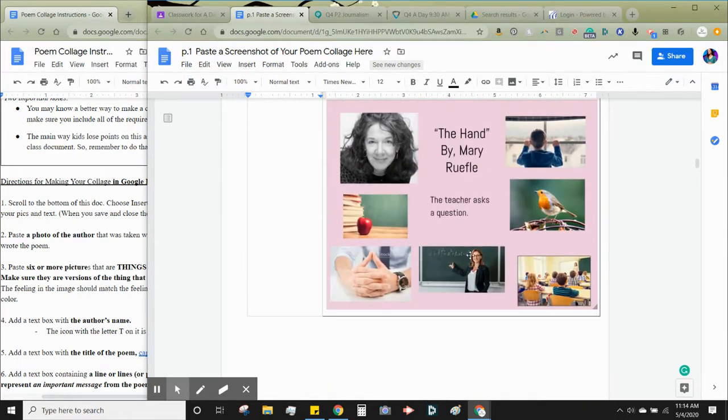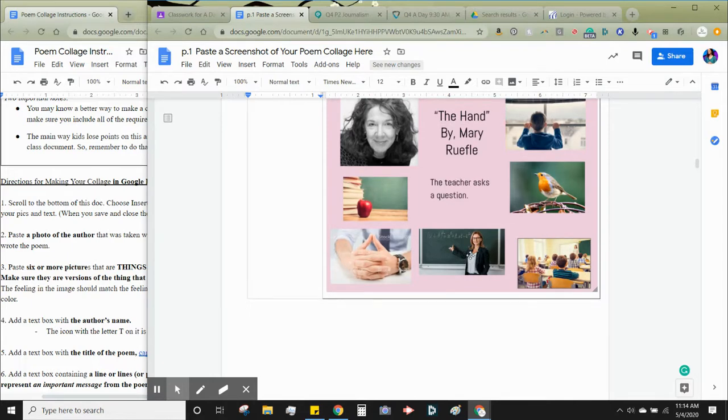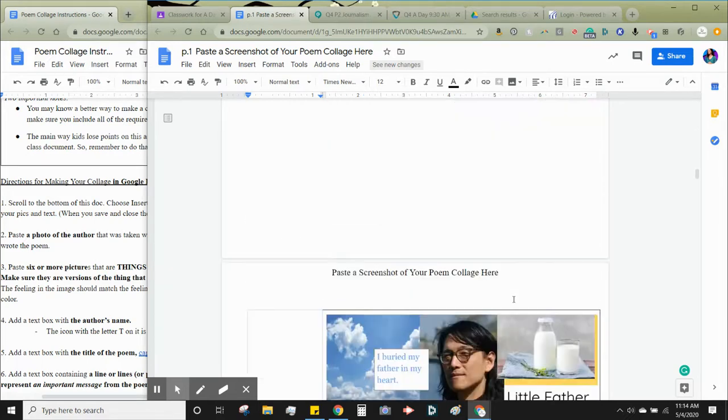A couple of you have poems where the number of physical objects mentioned in the poem is fewer than 6. And if that's the case, you might choose 2 different photos of the same object. I think Let There Be New Flowering by Lucille Clifton is an example of one of those. Possibly the hand. I think the hand maybe has 6 objects. Might be pushing it.